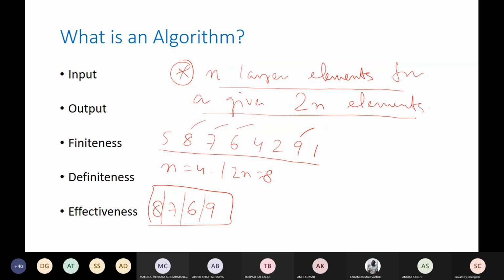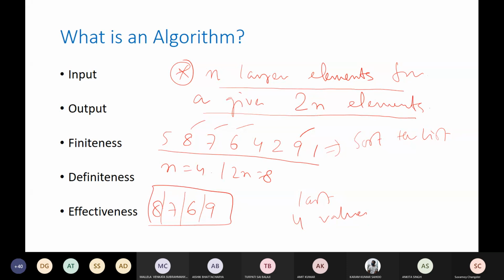If we have to find out the n larger elements from the given list, the first thing we should keep in mind is that the solution will be to first sort the list, and if it is in ascending order, you just take the last 4 values.